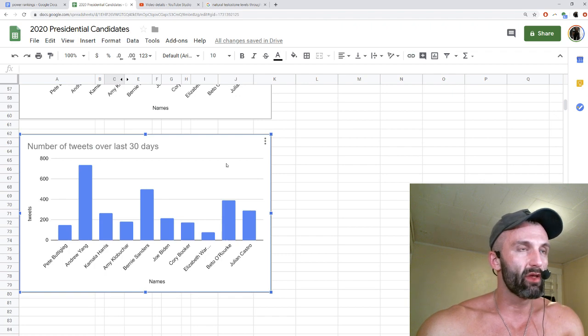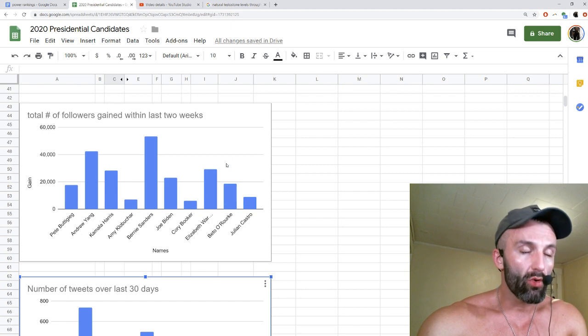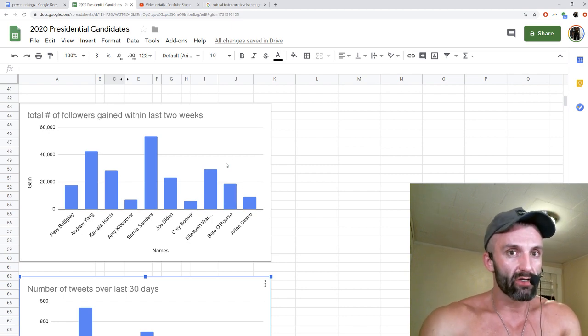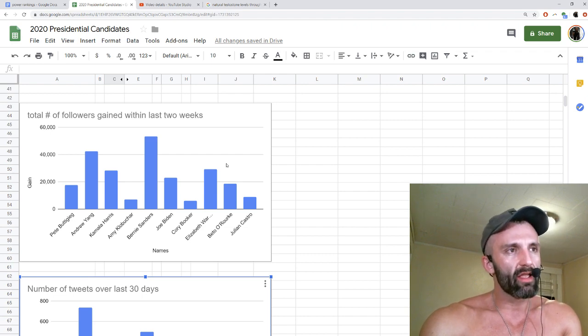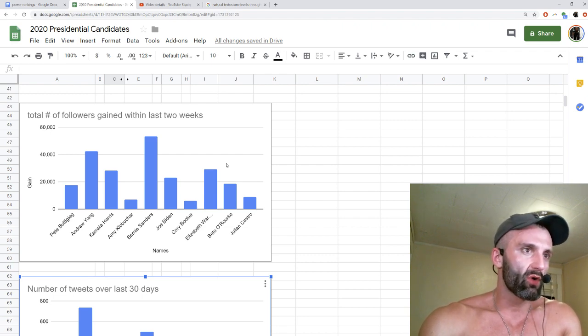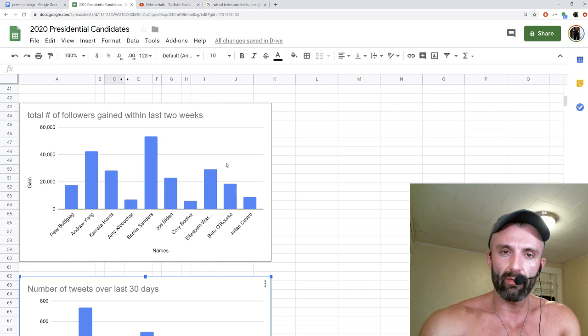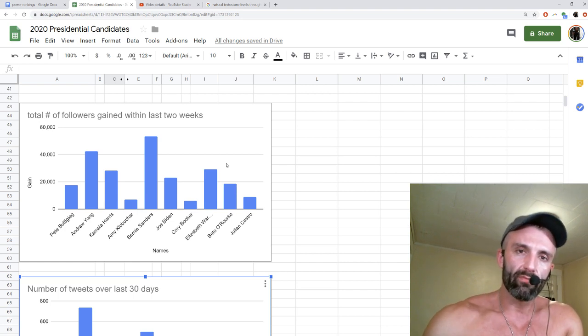Next, we're going to jump up here, and we're going to take a look at the total number of followers. And as I mentioned earlier, we're going to take a look at the total number of followers, not just the growth rate, even though we can't necessarily compare these, because somebody like Beto O'Rourke or Julian Castro or Andrew Yang or Amy Klobuchar, or whatever her name is, their base is relatively small.